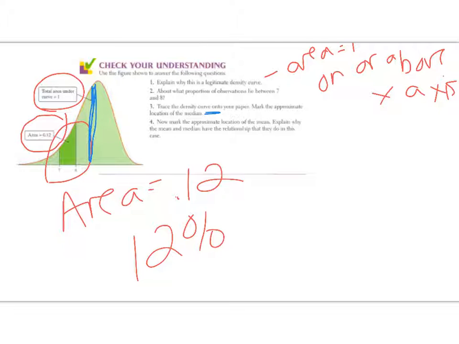Number 4 is asking to mark the approximate location of the mean. In this case, I'm slightly skewed to the left. So remember, my mean is going to be just down the tail from my median. Not very far, because I'm not very skewed. Remember, my mean is affected by my outliers, and so these guys right here are going to pull that mean.